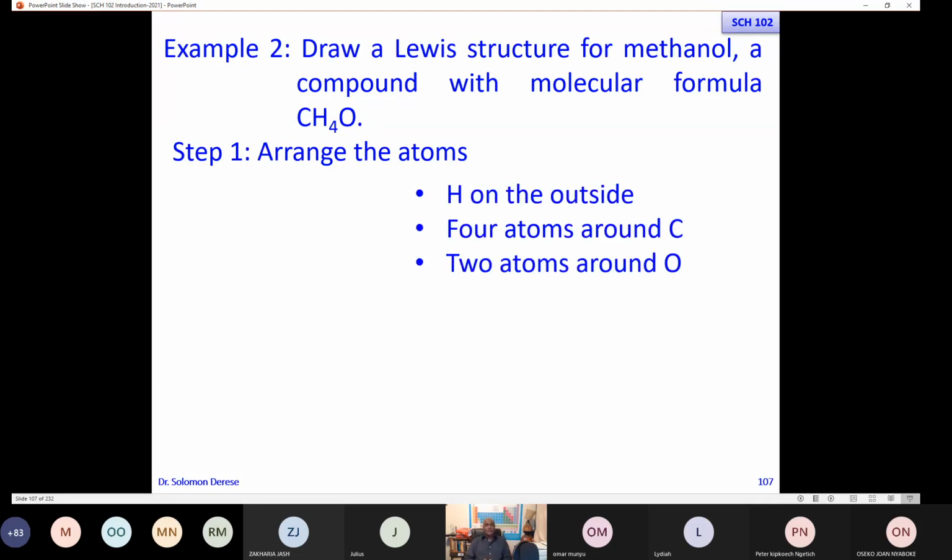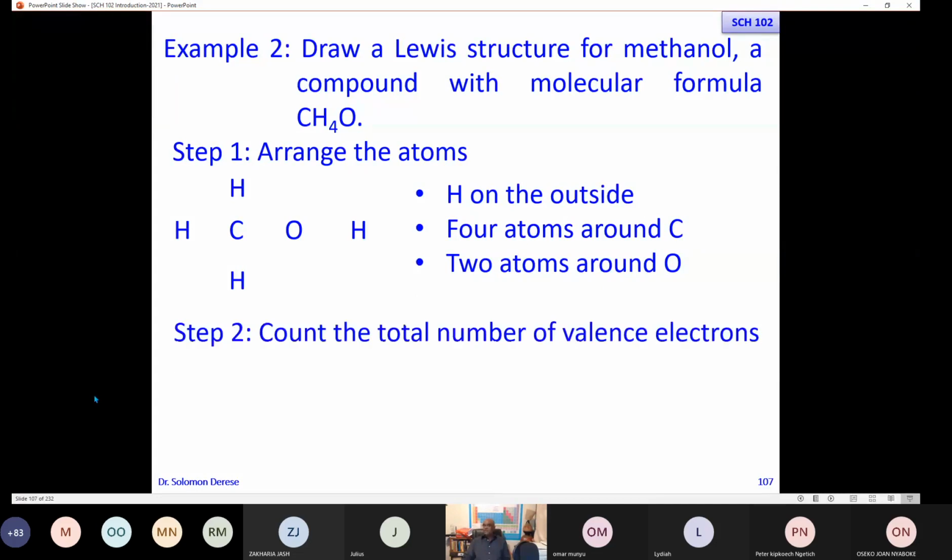So we arrange them like this: hydrogen on the outside, 4 atoms around the carbon, 2 atoms around the oxygen. As you can see, the 4 hydrogens are on the outside. The carbon is surrounded by 4 atoms: 1, 2, 3, 4. The oxygen is surrounded by 2. This is what we do first.